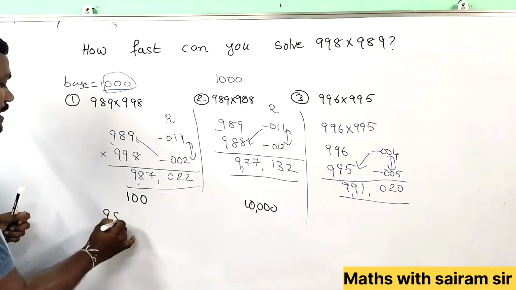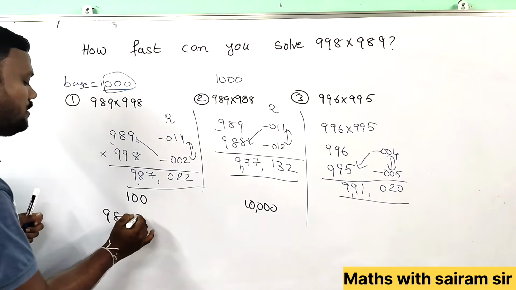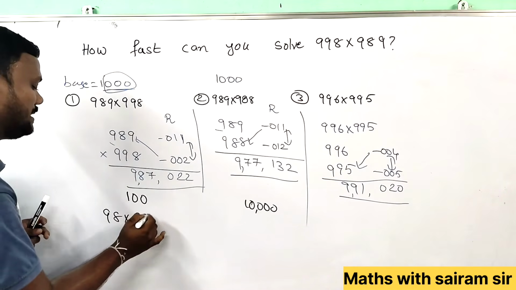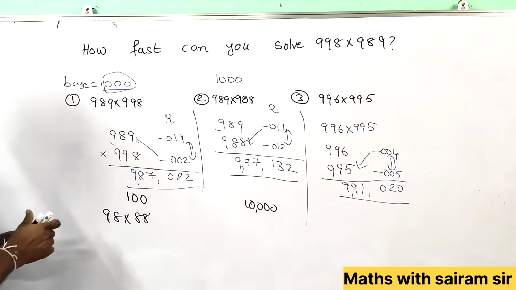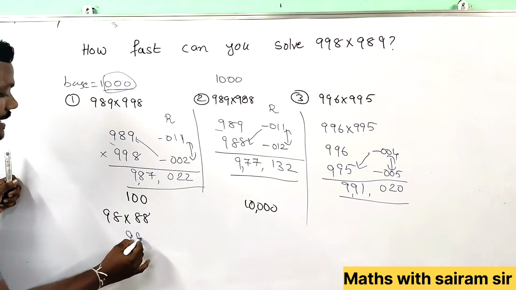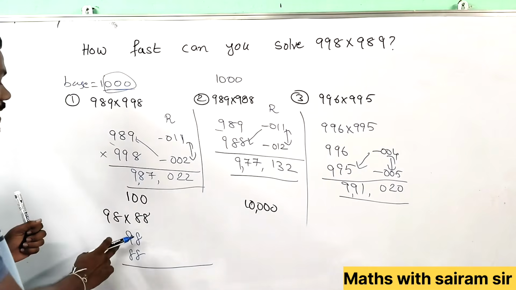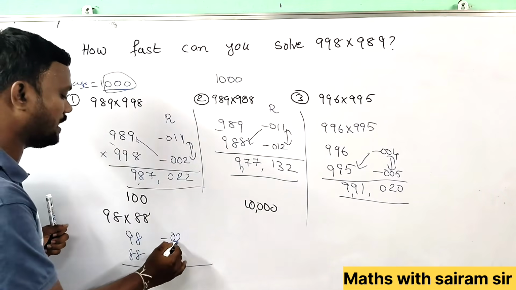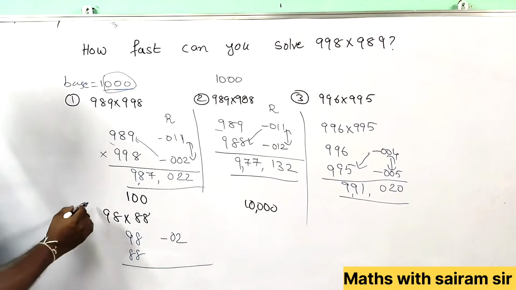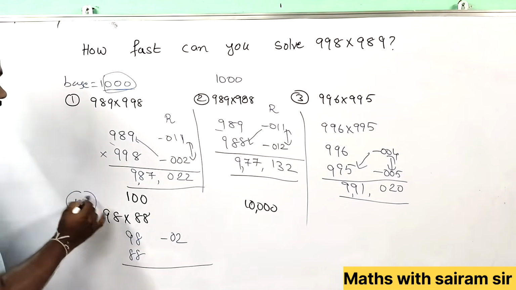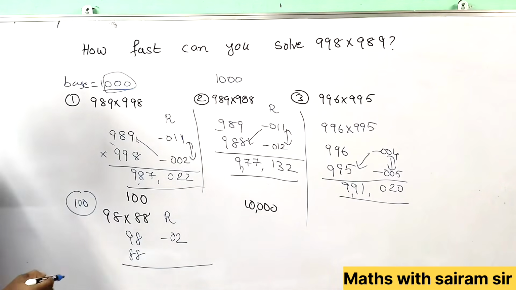So 98 into 88. Once observe this, 98 and 88 both are nearest to the 100. Here 98 is 2 less than the 100. I'm writing minus 0 2. Here base is 100, so the right part should be in 2 digits.